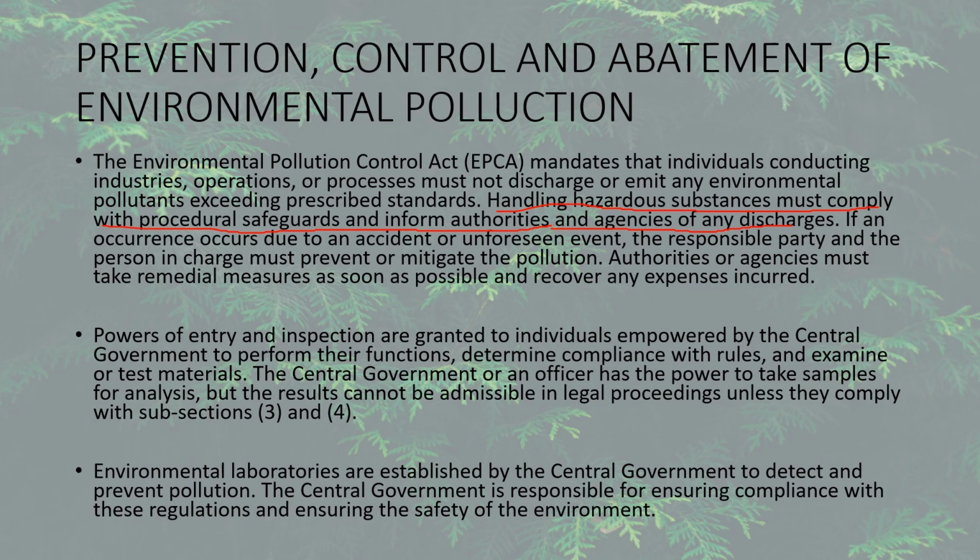Then it says if a discharge of environmental pollutants exceeds the standard, the responsible parties and the person in charge must prevent and mitigate the pollution. So they must prevent it, and secondly they must mitigate the pollution.